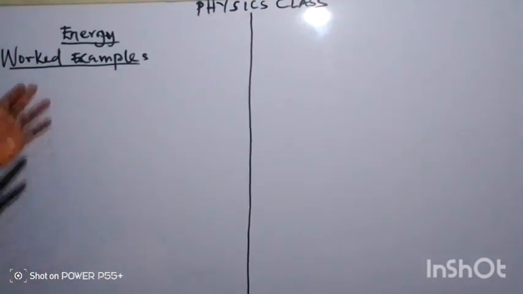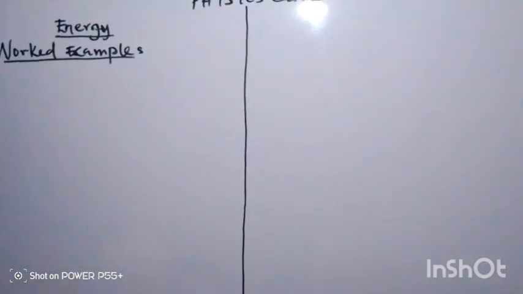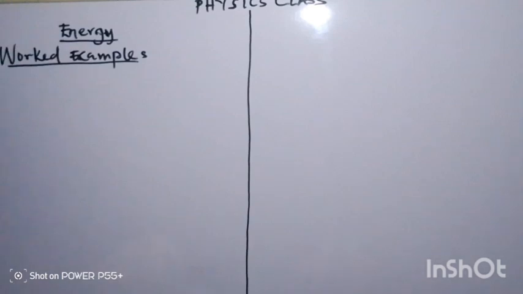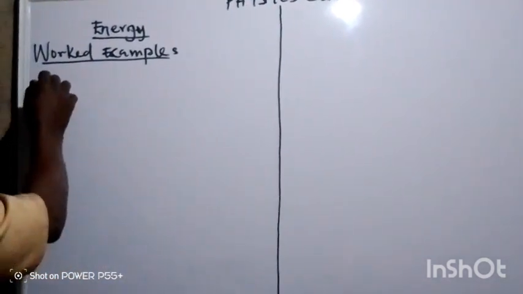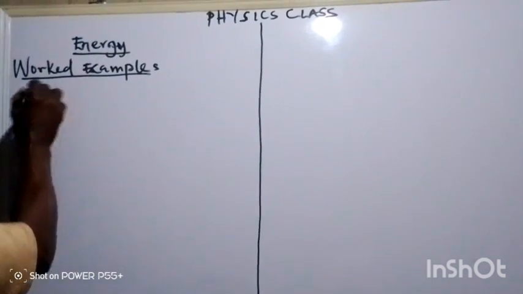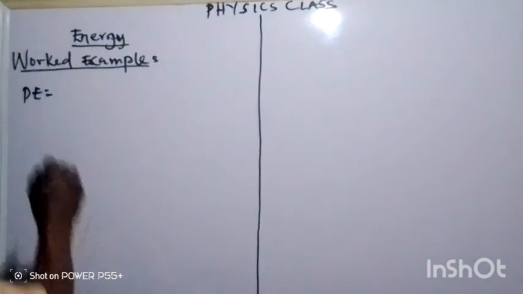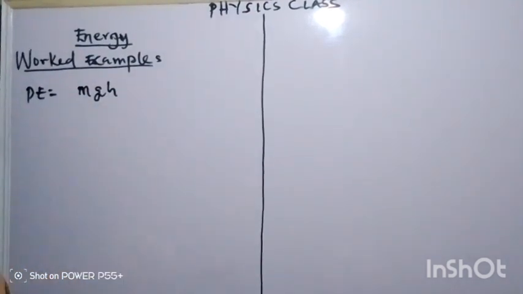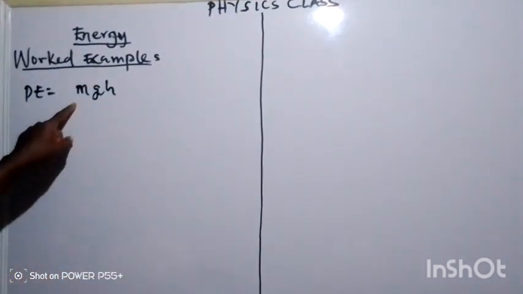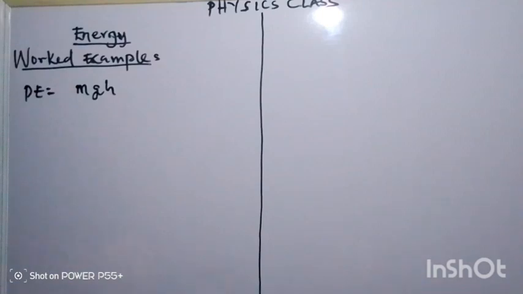We started the topic of energy in our last lesson. When we concluded, we showed that the potential energy, PE, has a magnitude given as mgh, where m is the mass of the body, g is the acceleration due to gravity, and h is the height of the body from the horizontal level.